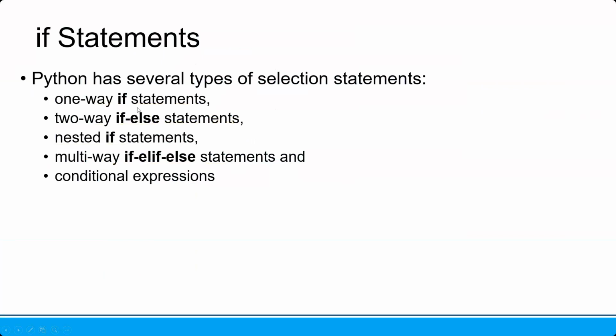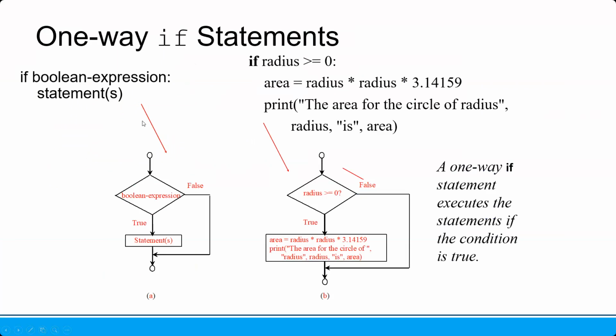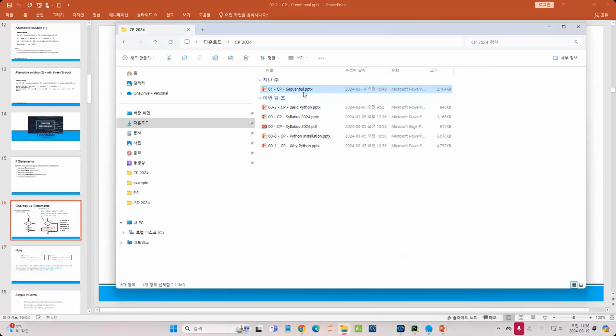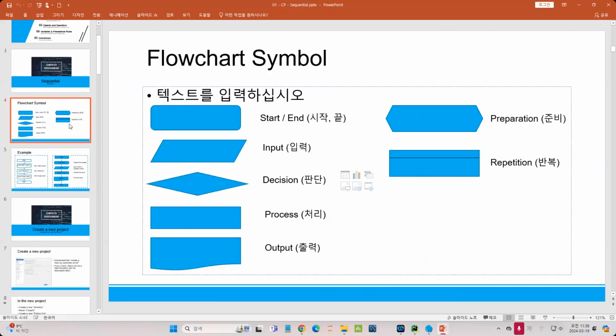What is the meaning of each of these statements? If you still remember the flowchart, in the flowchart we have one symbol. What is it? The symbol represents decision.